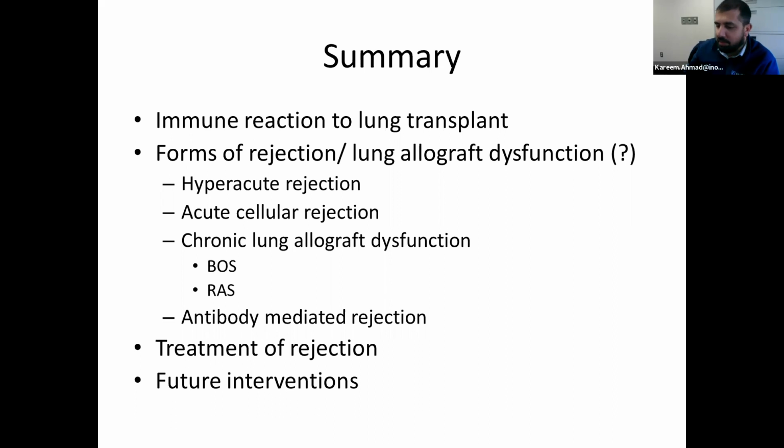In the last few years, there's been a shift from labeling everything a single type of chronic rejection to labeling chronic lung allograft dysfunction as an umbrella term that describes the two most common types of chronic rejection, bronchiolitis obliterans syndrome and restrictive allograft syndrome, which we'll go into in a little more detail. And so far, in the first three, we've really talked about cellular immunity; these other two are different.